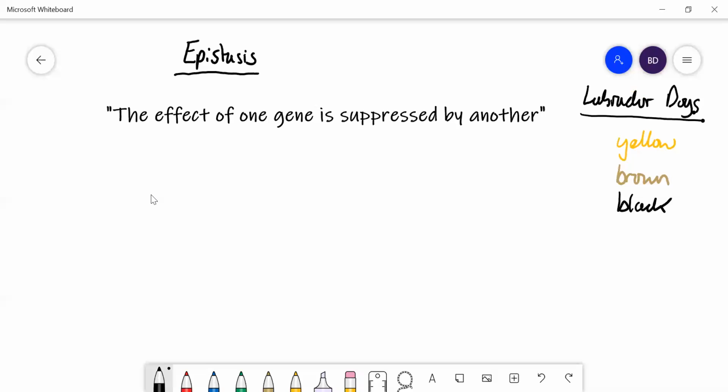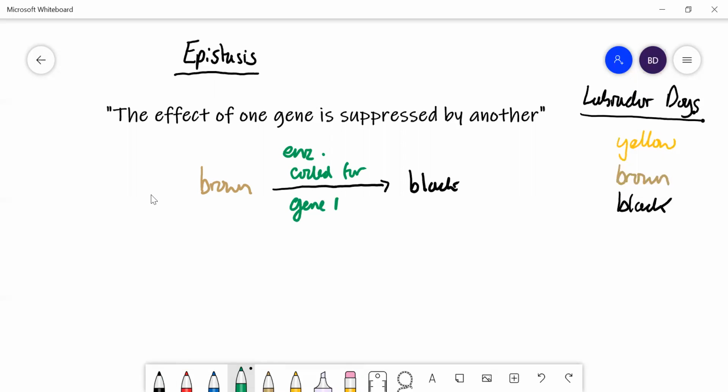All right, so we start off with a brown pigment in the dog, and that is converted into a black pigment by an enzyme. And let's say that the enzyme is coded for by gene B. B is a dominant gene.